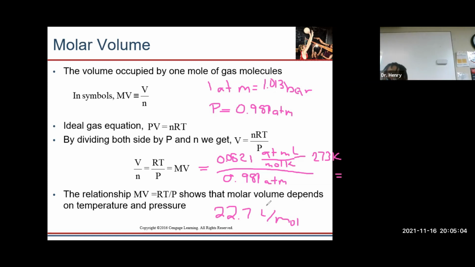Okay, so now I have a hard question for you. At STP, the molar volume is 22.7 liters per mole, right? So if I have oxygen gas, what would be the molar volume at STP? Standard temperature and pressure.